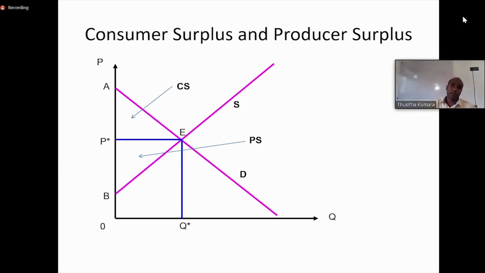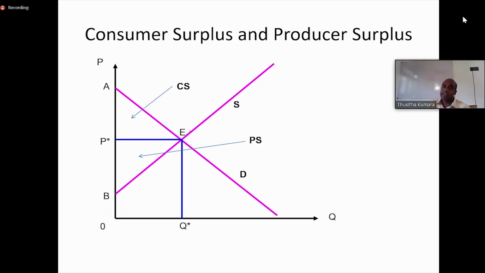If I roughly explain it again, we had equilibrium price as P star, but this shows us the willingness to pay depending on their happiness, the utility. Depending on the utility, consumers are willing to pay this much, but this is what they are actually paying. Because of that, there's additional gain.